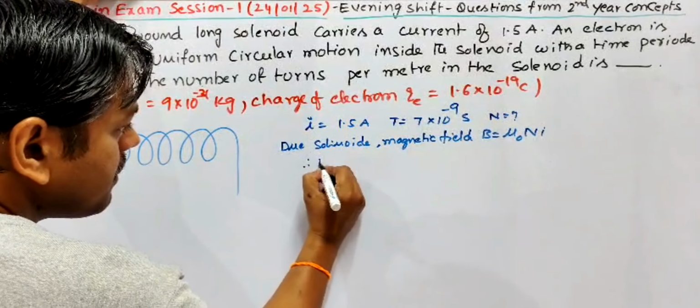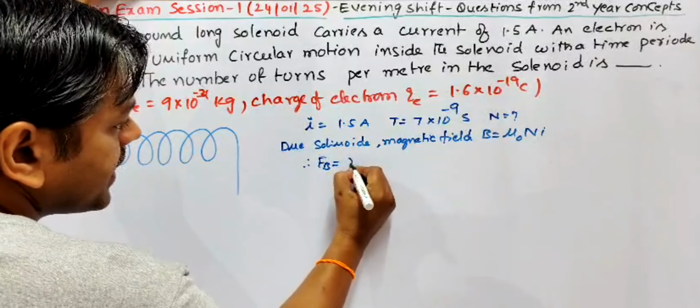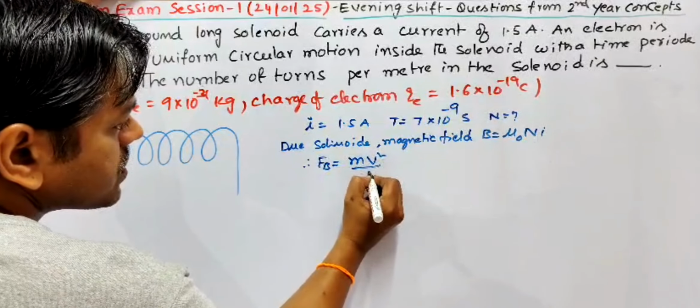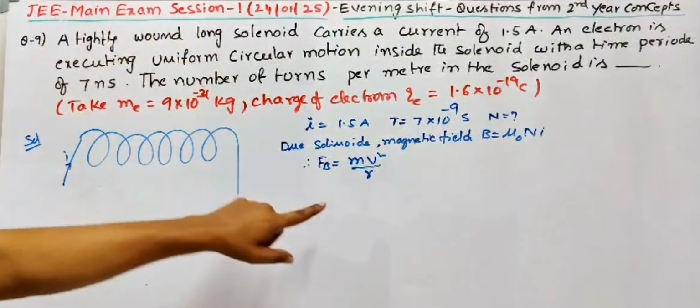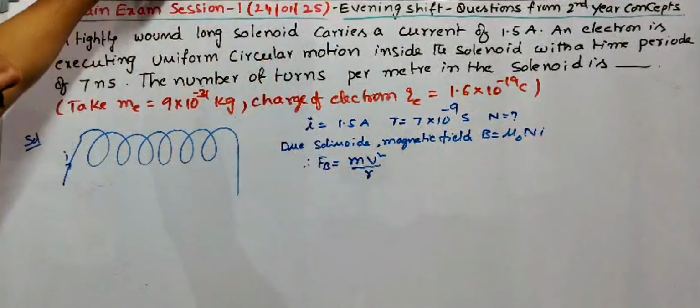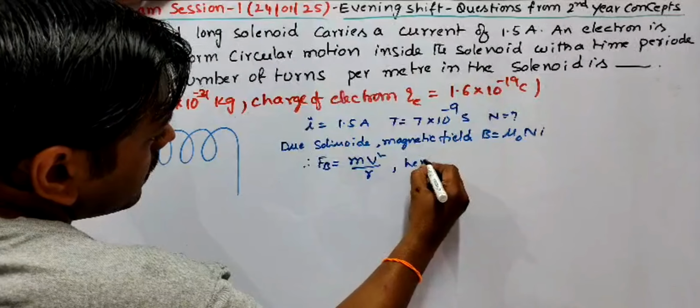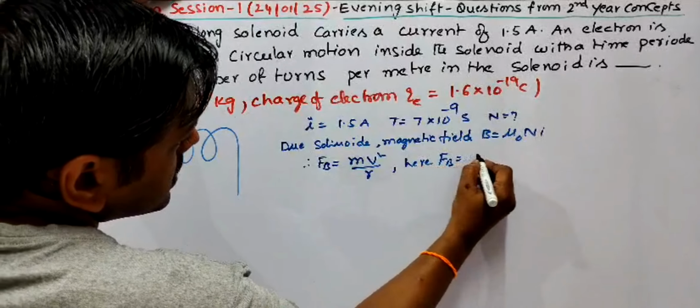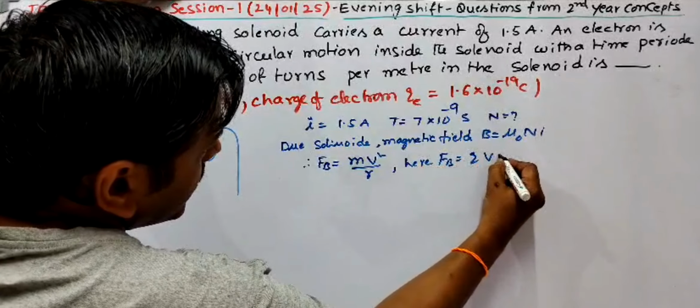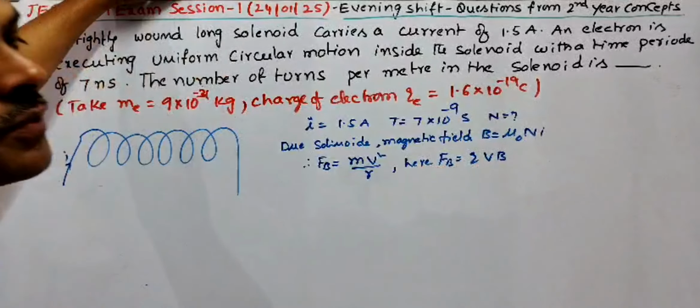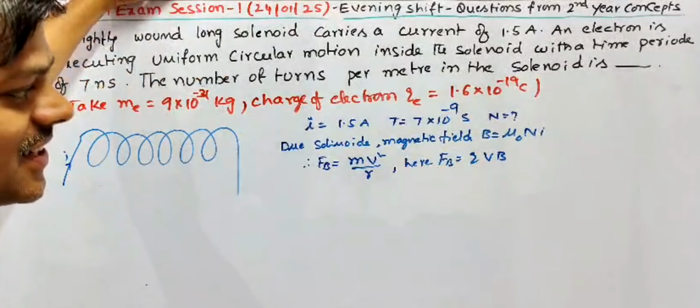Therefore Fb is equal to m v squared by r. Here Fb, the magnetic force, is equal to what? q into v into B, qvB, from the Lorentz force, isn't it?